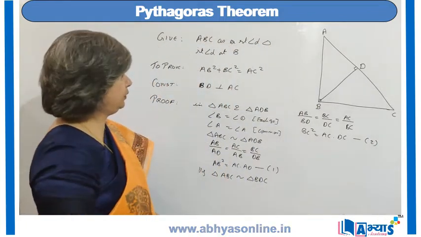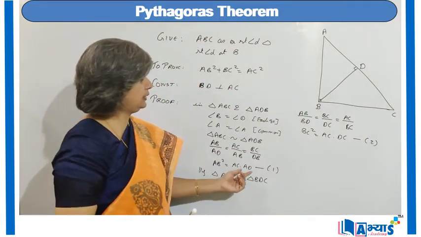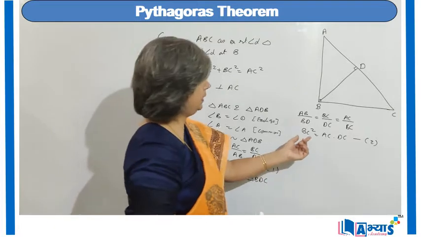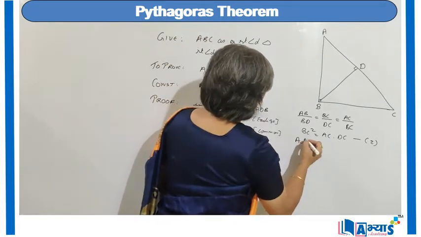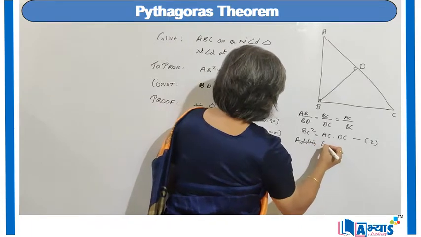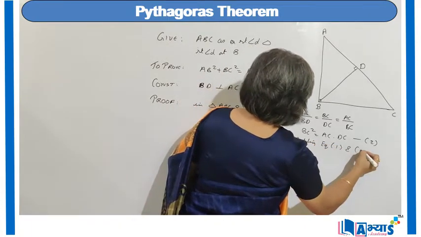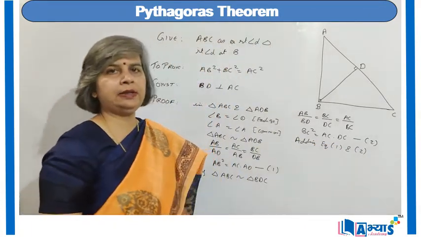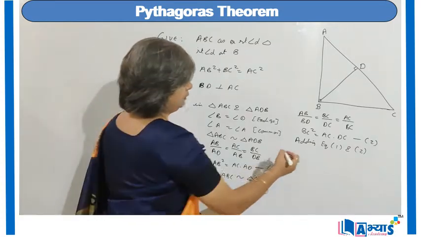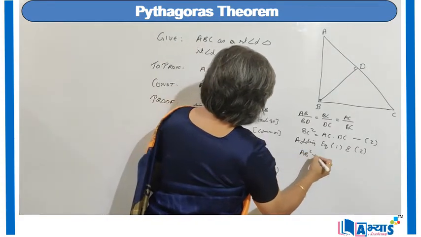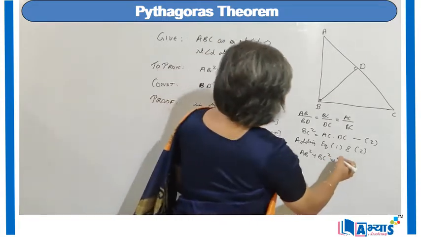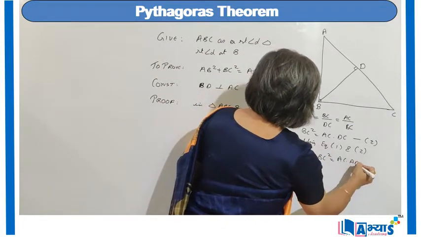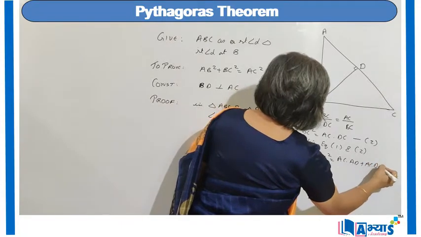So now we have two equations. AB square is equal to AC into AD and BC square is equal to AC into DC. So adding equation 1 and equation 2, we get that AB square plus BC square is equal to AC into AD plus AC into DC.